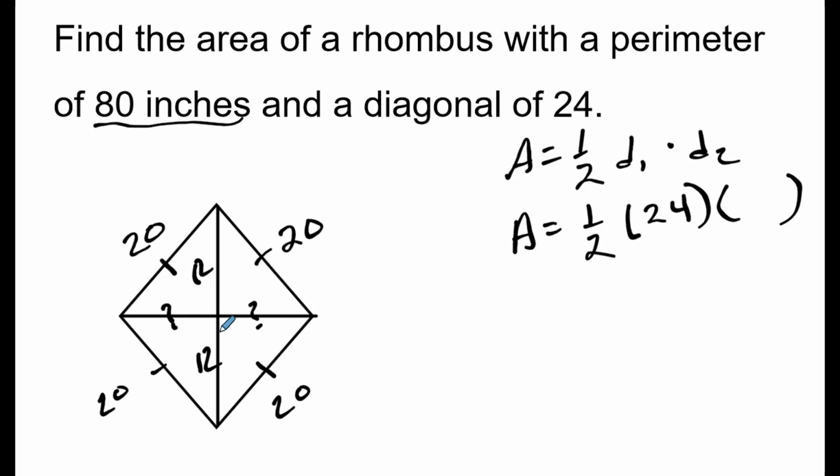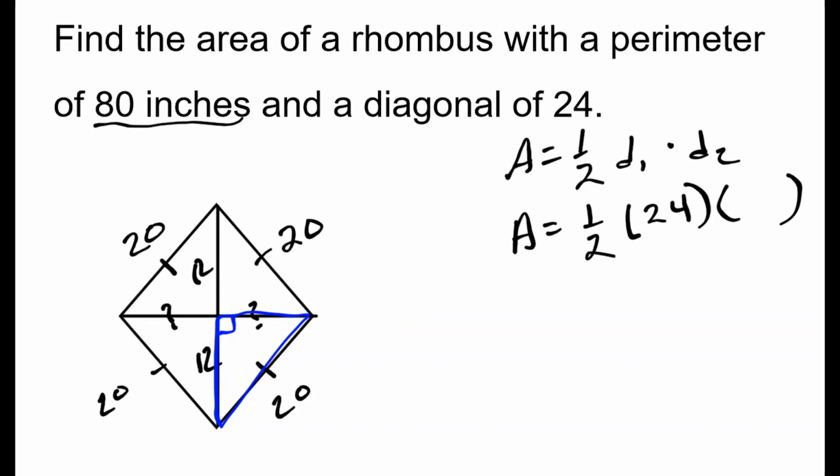Now keep in mind that a rhombus, a kite, and a square, all of them have diagonals that are perpendicular to each other. So what we have down here is a right triangle, which puts in play possibly using your special right triangles, 30-60-90s, 45-45-90s, trigonometry, or possibly the Pythagorean theorem.